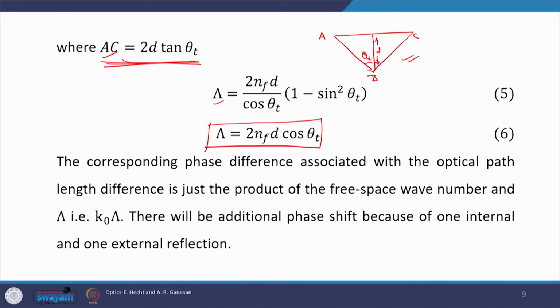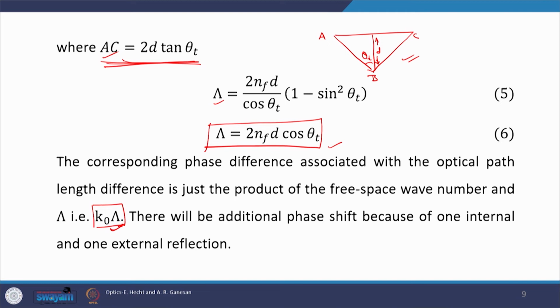Now, once the optical path length difference is calculated, we can easily calculate the corresponding phase difference. How to calculate the phase difference? Just multiply it with k naught. What is k naught? K naught is the free space wave number. And this is what is being done here. This is the corresponding phase difference, k naught into capital lambda.